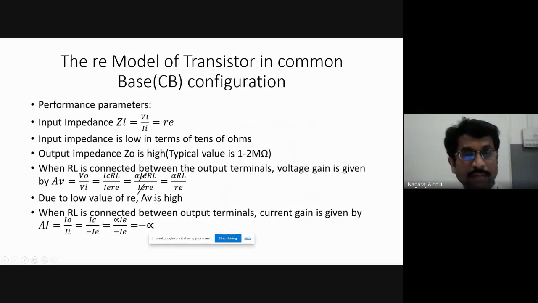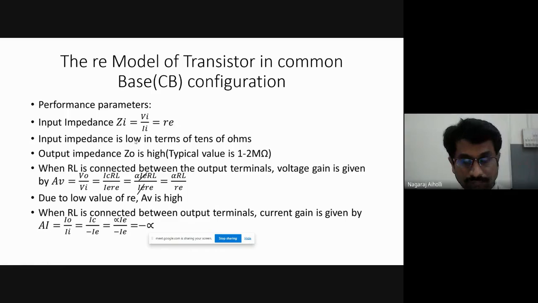What are the values we are obtaining here? Input impedance Zi is RE. Output impedance is high, about 1 to 2 mega ohms. AV is given by alpha RL by RE, then AI, the current gain, is given by minus alpha. These are the 4 values that we are obtaining for the RE model of the transistor connected in common base configuration.